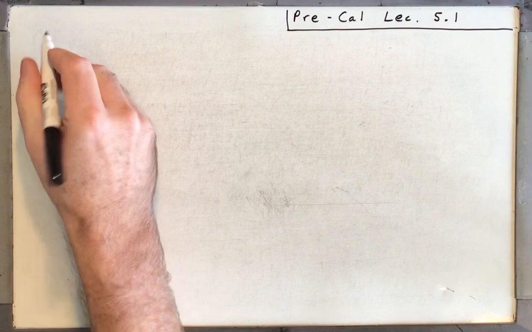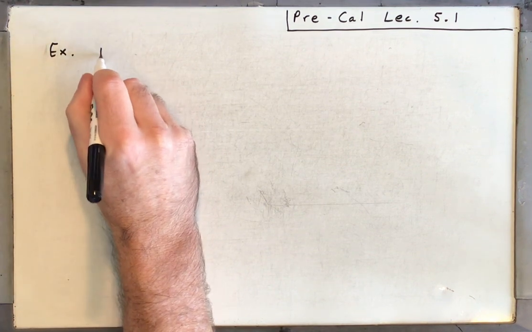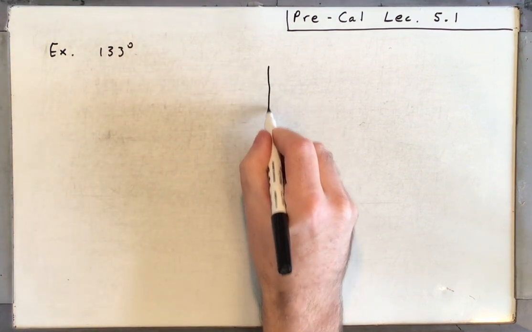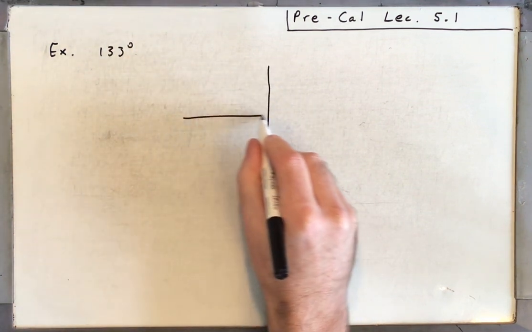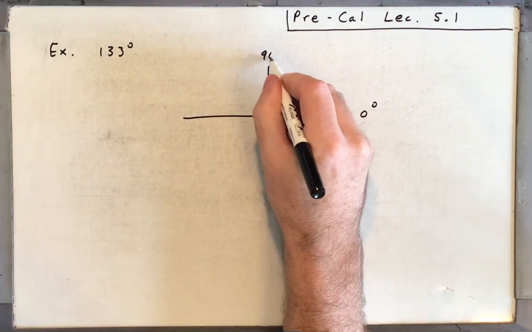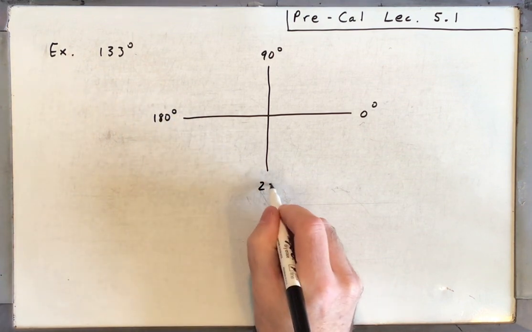All right, our first example is, in which quadrant does 133 degrees lie? So you don't necessarily have to draw this out. If it helps, go ahead and do that. But we know this is 0, 90, 180, 270.